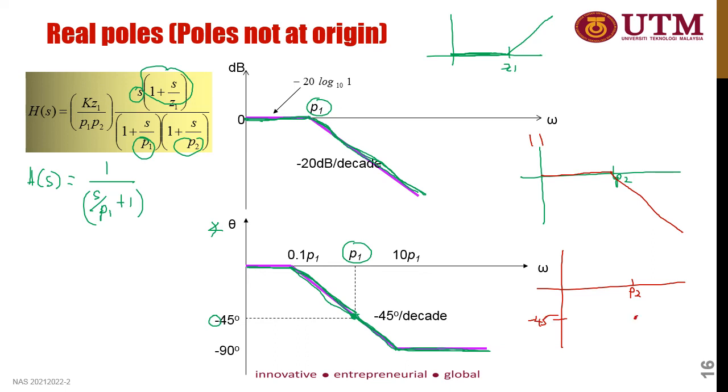You mark that point first, and then don't forget to extend to the earlier decade and next decade. So here is 0.1 P2 and here is 10 P2. So here is 0 and here is negative 90 degrees, and don't forget to put constant lines before that and after that 90 degree point.